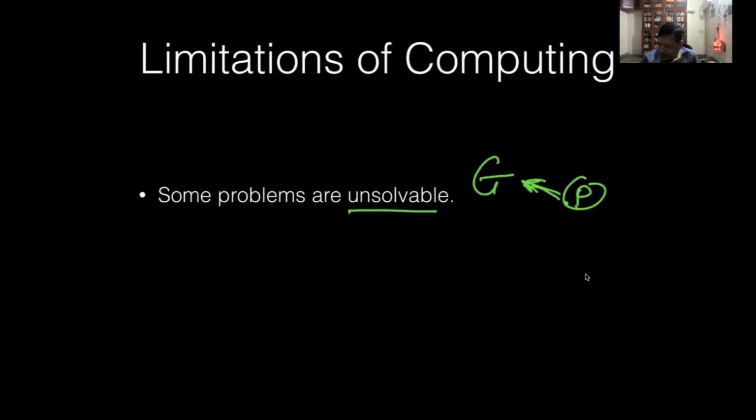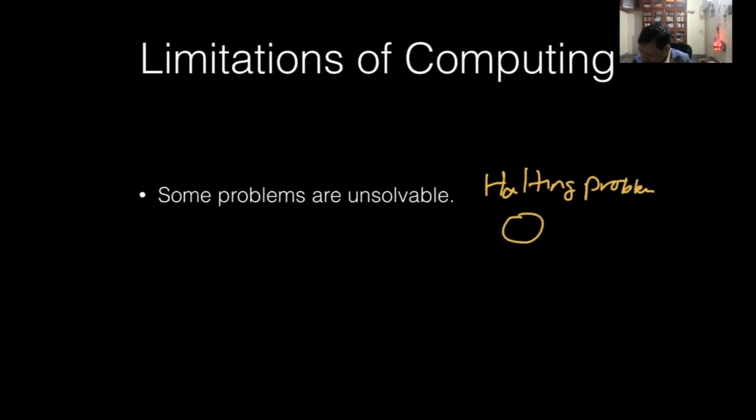And it turns out Alan Turing showed that this code is not possible. Nobody can write this program G for a general program P. So the halting problem is that you write a program G which can take any program P as the input and gives the result yes or no. Yes means it has an infinite loop, and no means it has no infinite loop.